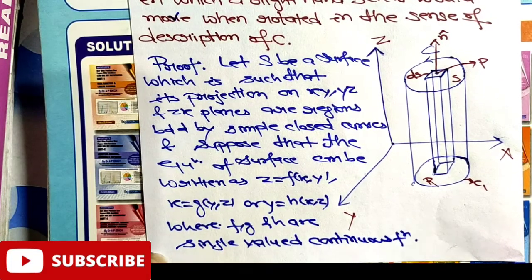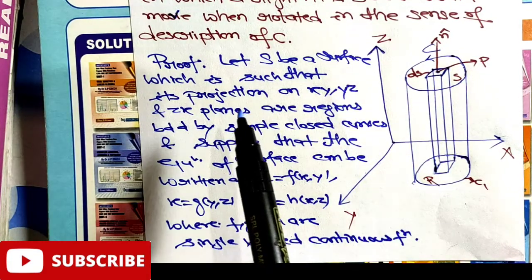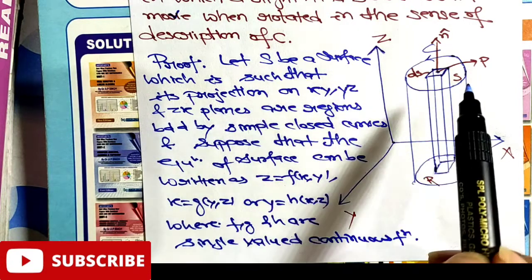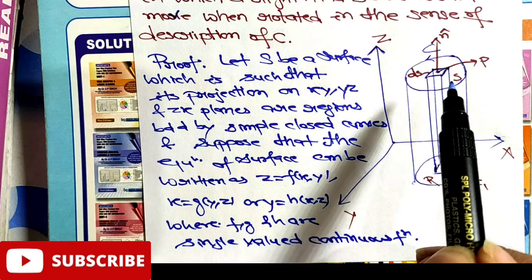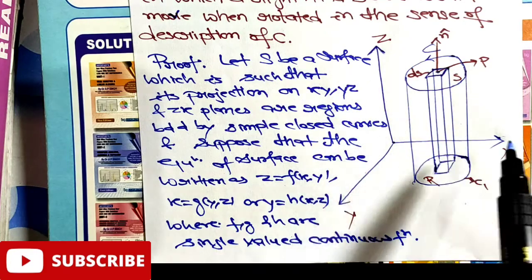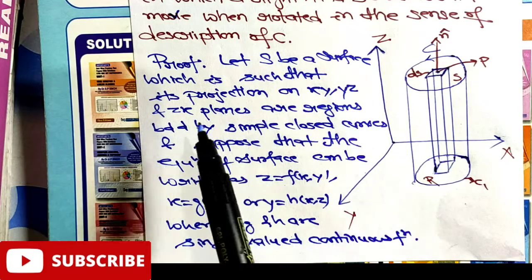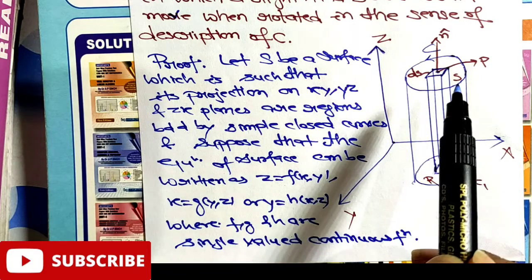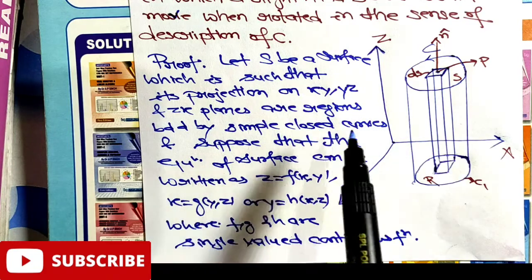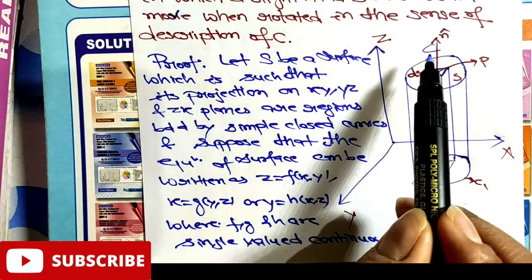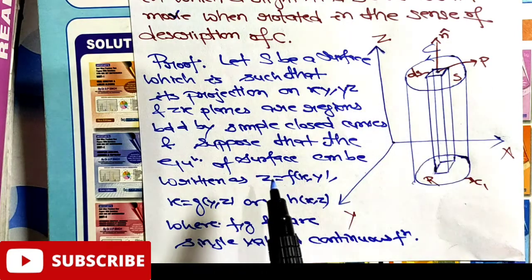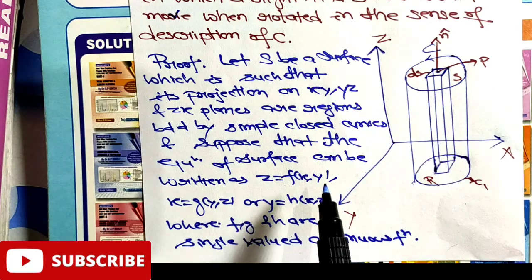So what I have written: let capital S be a surface, and if we take any projection of the surface in the xy plane, yz plane, or zx plane respectively, this is a region bounded by a simple closed curve, which we name capital C. So the equation of the surface will be z equals f of x y.